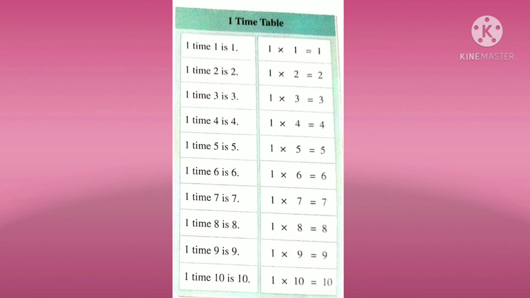Now, we will learn the multiplication tables. We will learn the table of 1, that is multiplying by 1. 1 time 1 is 1, 1 time 2 is 2, 1 time 3 is 3, 1 time 4 is 4, 1 time 5 is 5, 1 time 6 is 6, 1 time 7 is 7, 1 time 8 is 8, 1 time 9 is 9, 1 time 10 is 10.